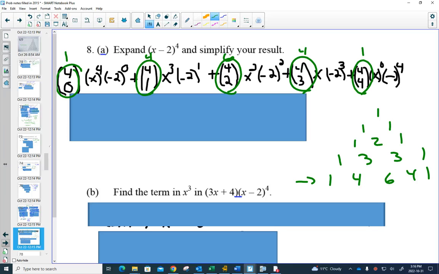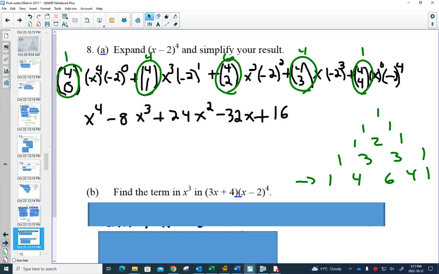And then your powers of your first one start with x to the 4 and go down by 1 each time until there's none left. And the other ones start with 0 and go up by 1 each time. Simplified, that's what you would get in the end.